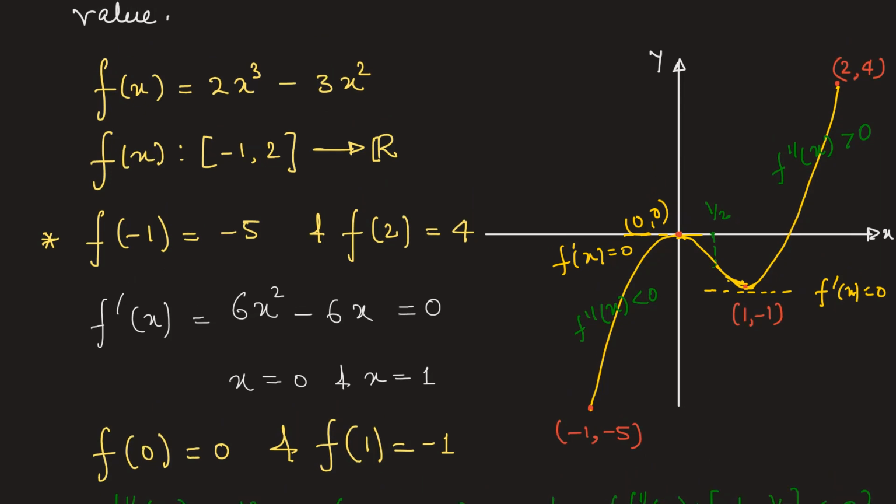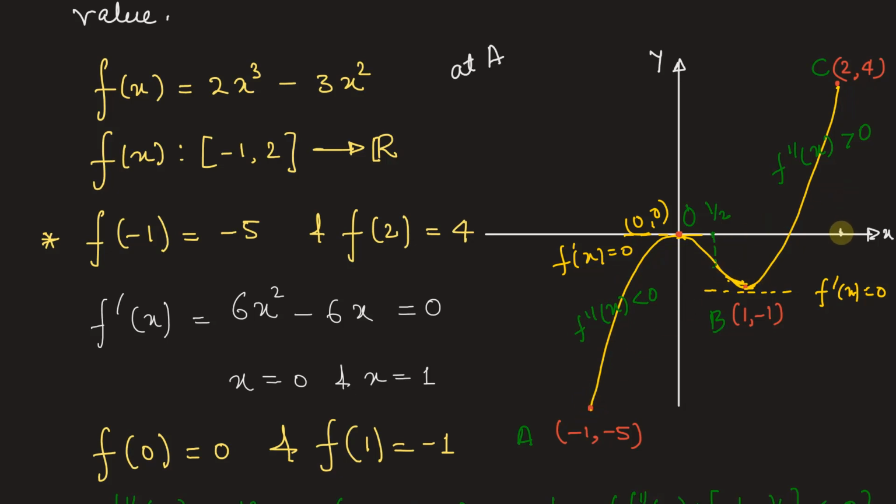Now we can see here that let's say this point be A, this be B, this origin be O, and this point be C. So at A we have the global minimum, that is the minimum value of this function defined in the interval -1 to 2.